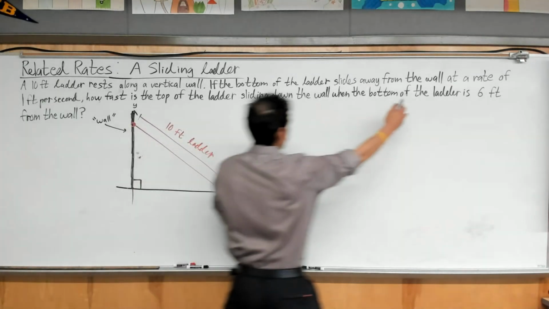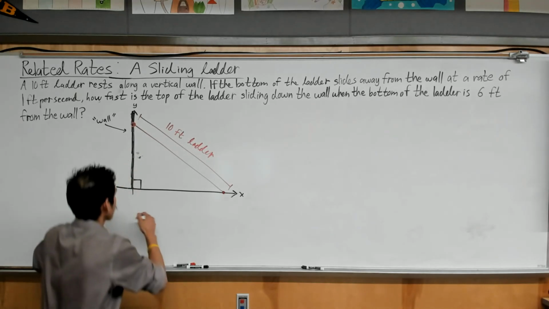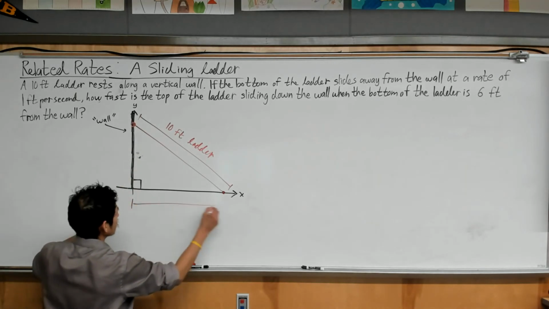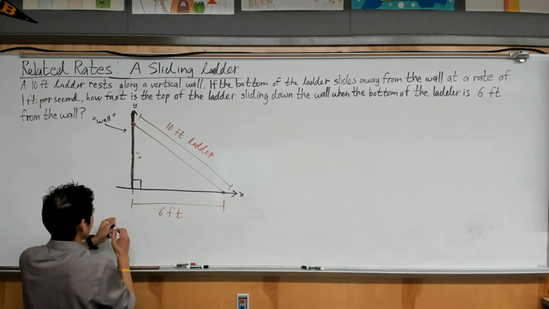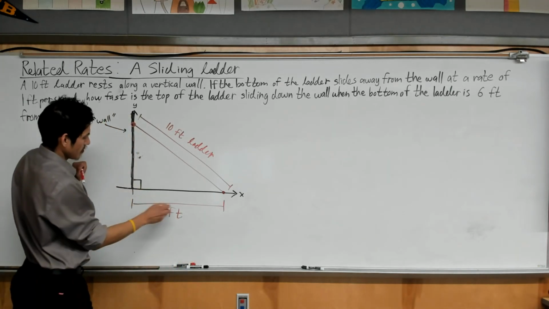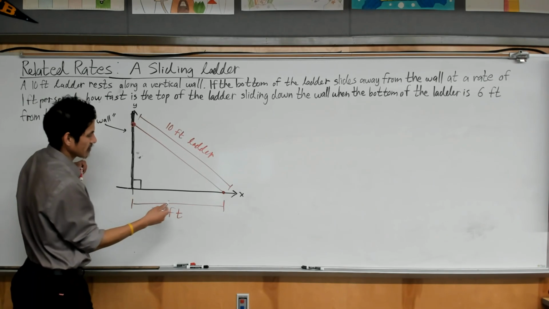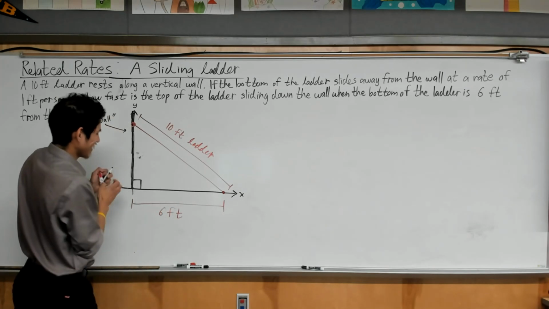Let's look at this part. It says when the bottom of the ladder is 6 feet from the wall, so this distance will be 6 feet. Now, this distance is going to be a variable. We'll call it x, just to make it simple.